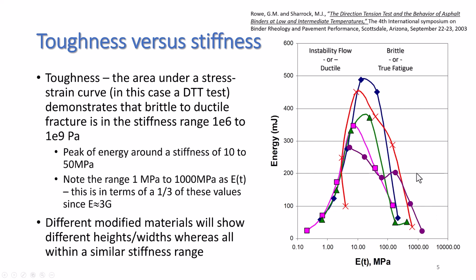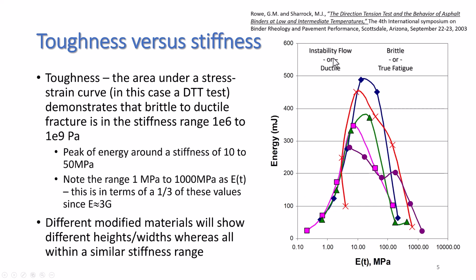So in this case here, we can see that the energy starts off very low at lower values of stiffness, and at higher values of stiffness again it drops down low, but it goes through a peak in between. And over at this side of the plot we've got more brittle behavior, and at this side of the plot we've got more behavior associated with ductile or flow type behavior.